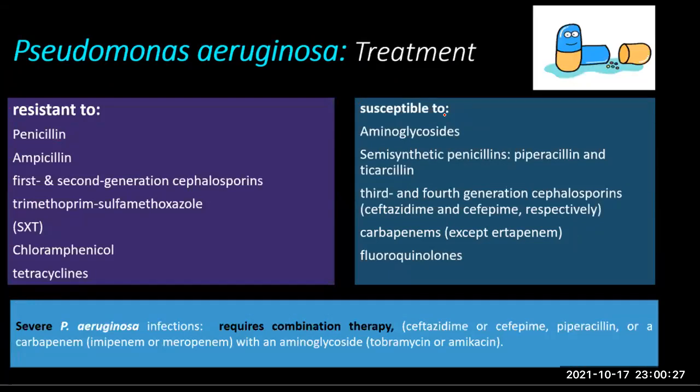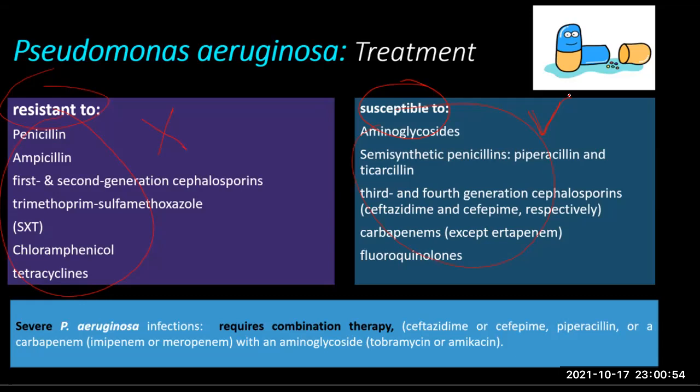We also have Pseudomonas aeruginosa, the treatment. So I tried to make it easy for you. This organism is resistant to the following and is susceptible to the following. So do not give the resistant ones to the patient. Rather, give these medications to your patients after a thorough laboratory checkup.